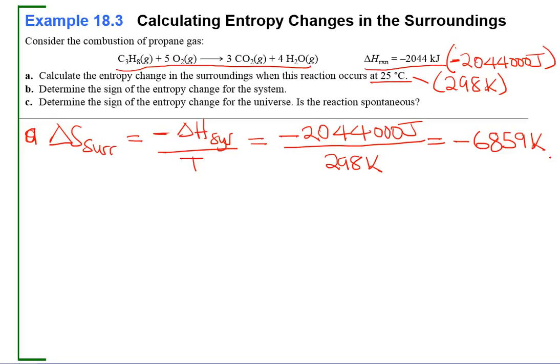So this one will say that the delta S of the surroundings is equal to negative 6859 J/K.